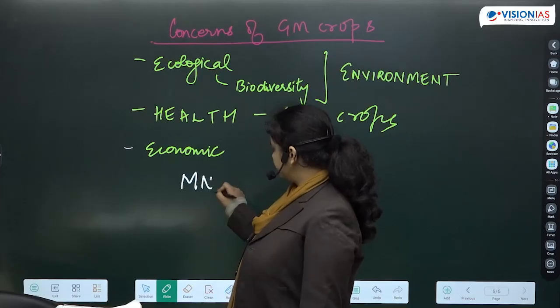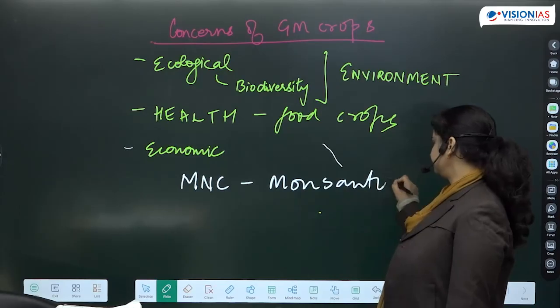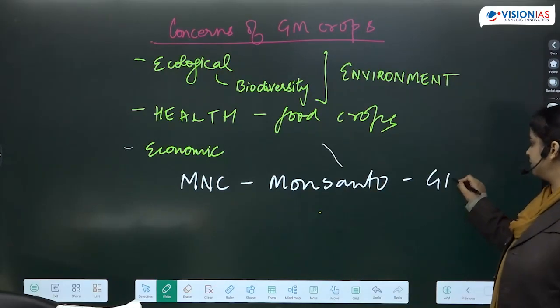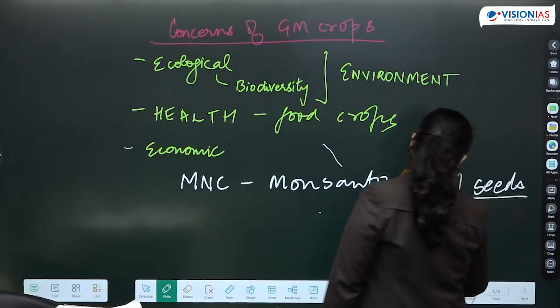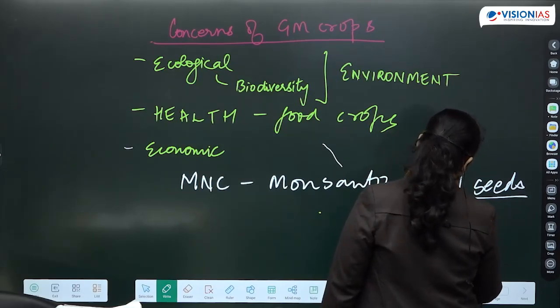So एक MNC है जिसका नाम है Monsanto. This company produces genetically modified seeds and sells them. But what they have done is they have created these seeds with a terminal technology.